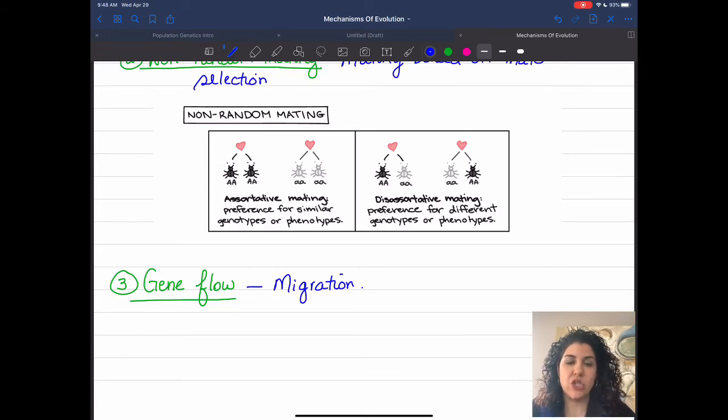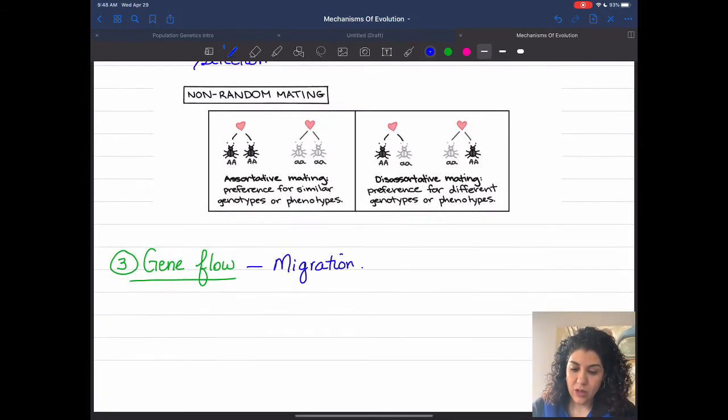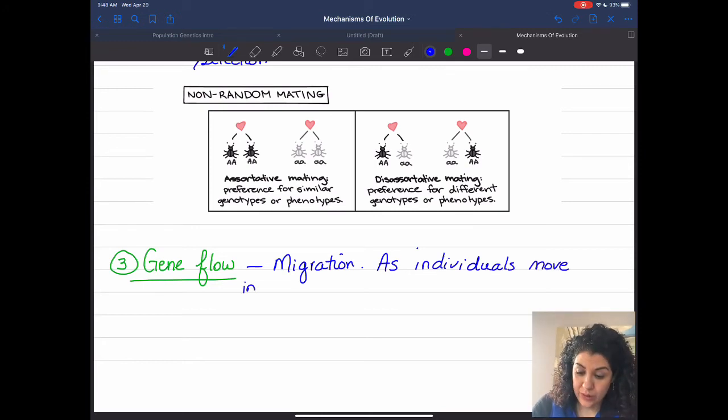I take my gene pool with me. So if I leave a particular population, I take away those traits out of the gene pool. If I come into a population, I bring those traits into a gene pool. Okay? So the migration as individuals move in and out of populations.